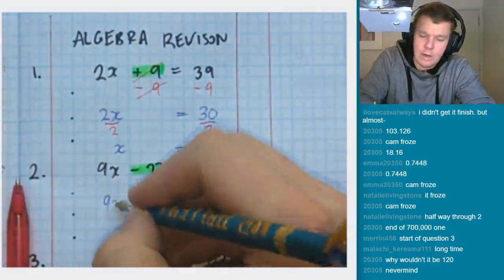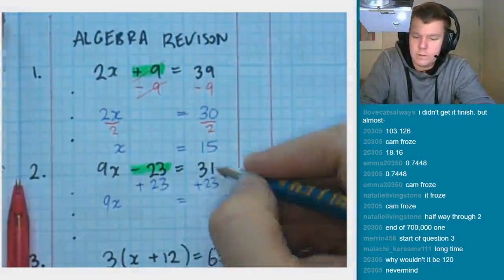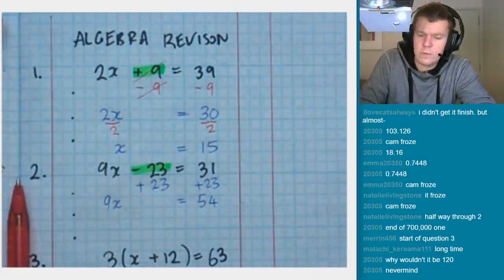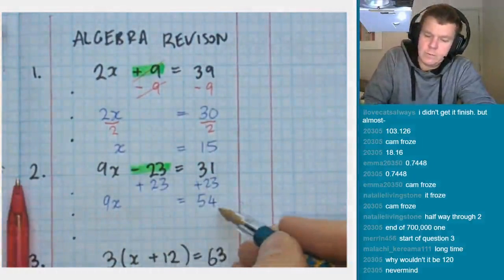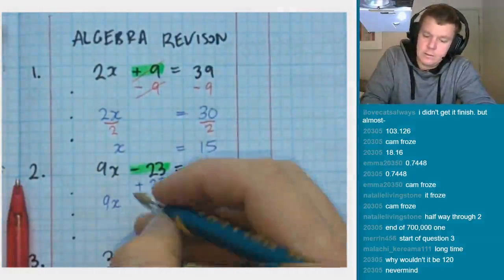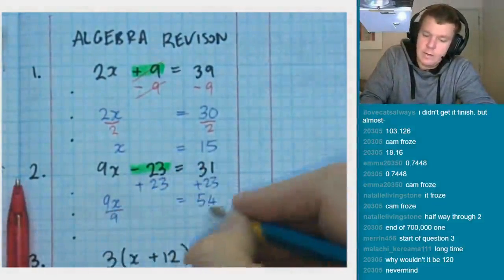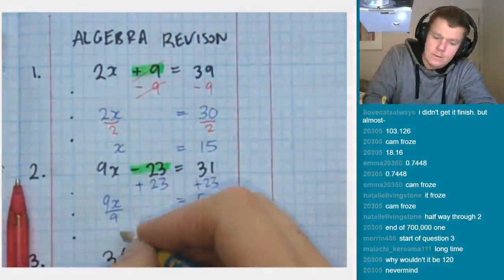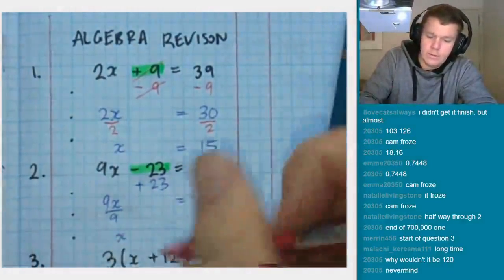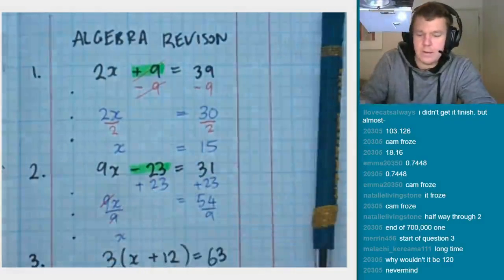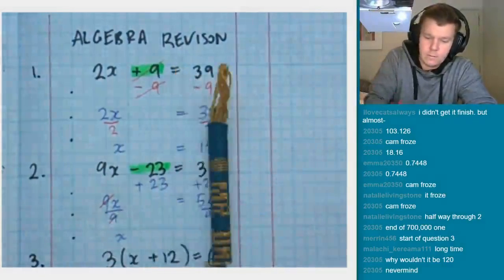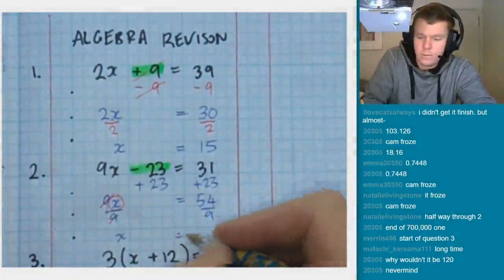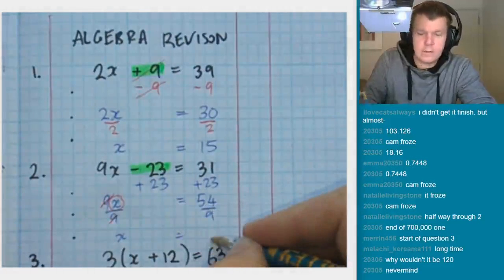Which leaves us with 9x equals 54. 9 times x is 54, so 9 times x divided by 9 equals 54 divided by 9. Remember that these 9's cancel out. We're just left with x equals 54 divided by 9 is 6.